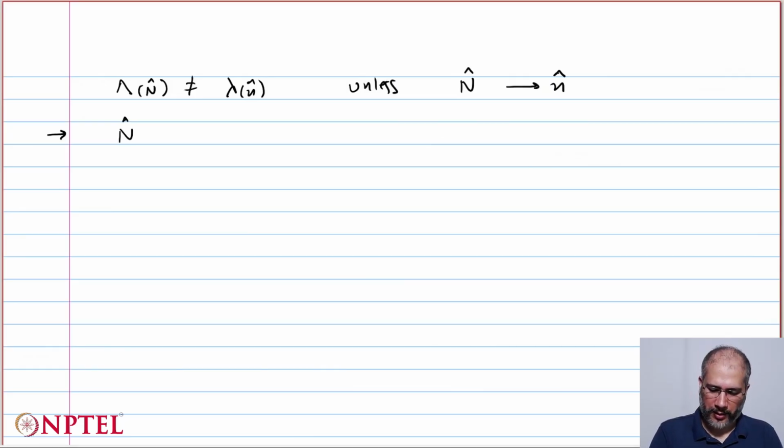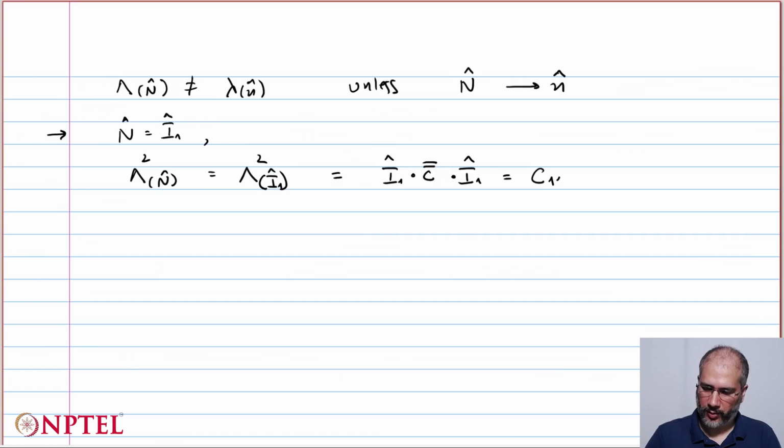So if we take capital N hat equals the direction I1 hat, then our capital Lambda N hat squared can be written as I1 dotted with the C tensor dotted with I1, and this is equal to C11, which, if you prefer to use the Lagrangian finite strain tensor E, becomes 1 plus twice E11, because twice Eij was defined as C minus identity.